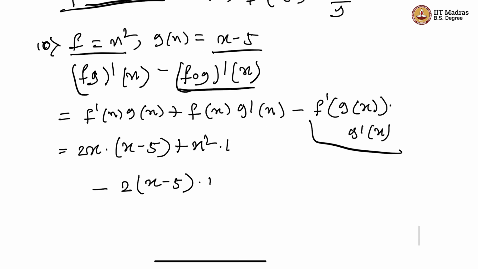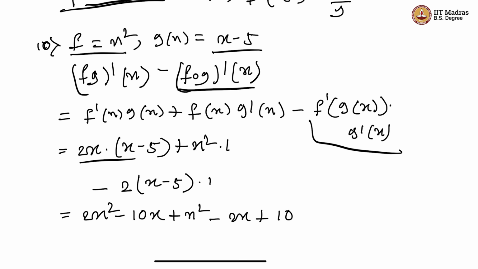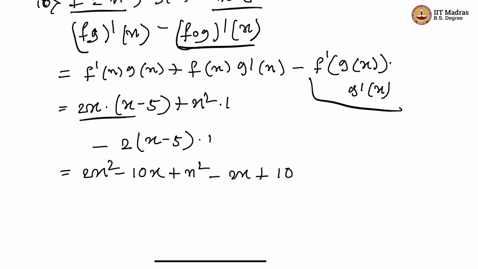Okay, so just let us simplify it. So it will be 2x square minus 10x plus x square minus 2x plus 10, right? So we can take this 2, so this will be 3x square minus 12x plus 10.